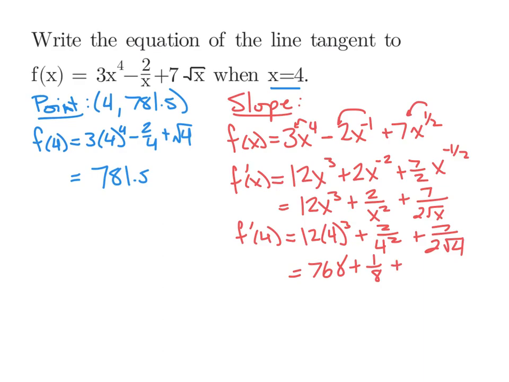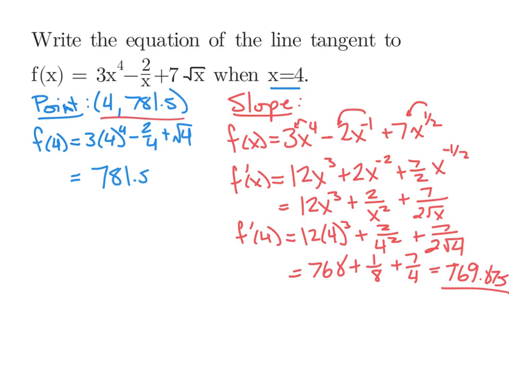And 7 over 2 square root of 4, well, that's 7/4. And once we simplify all of that, we'll be at 769 and 7/8. But that's our slope.